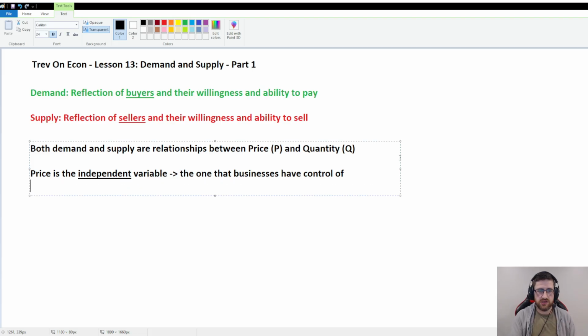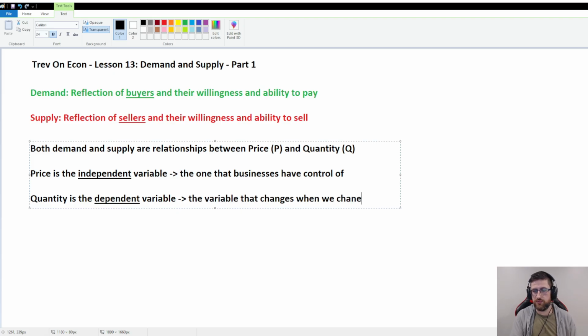So what we say is that quantity is the dependent variable, and this is the variable that changes when we change price. So you can kind of think of it as cogs. If you know, cogs are those things that turn, or gears as some people call them.